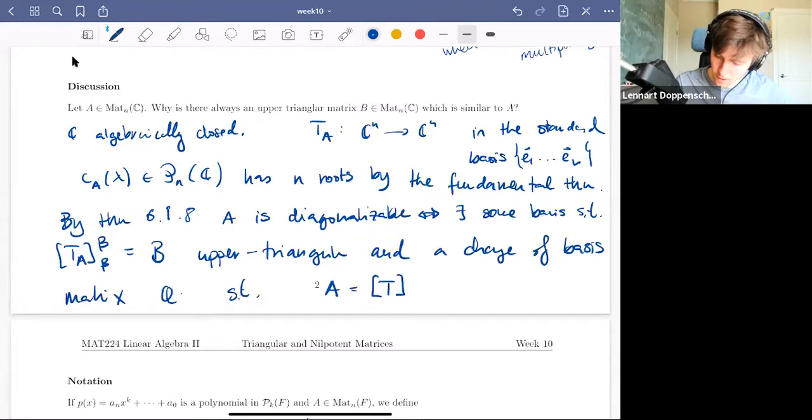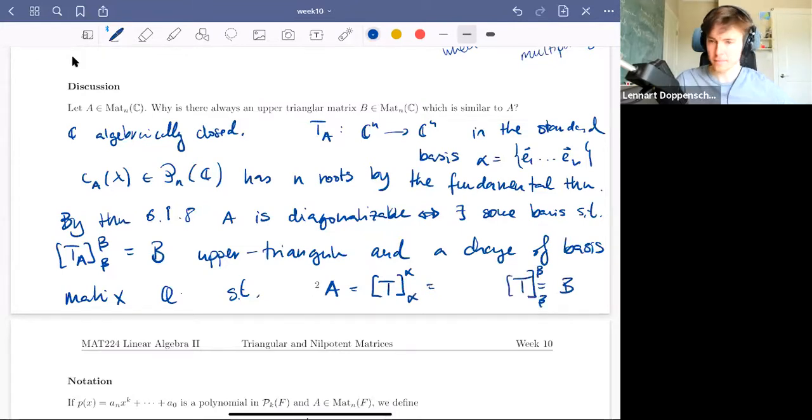So this was, let me call this alpha. And now we found this new basis beta, in which it is a different matrix.